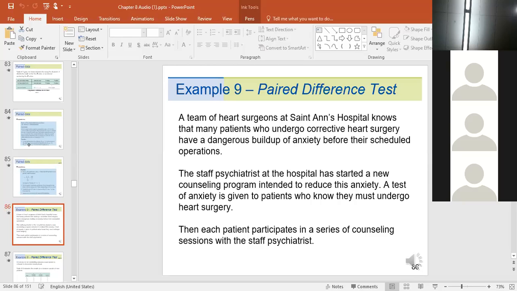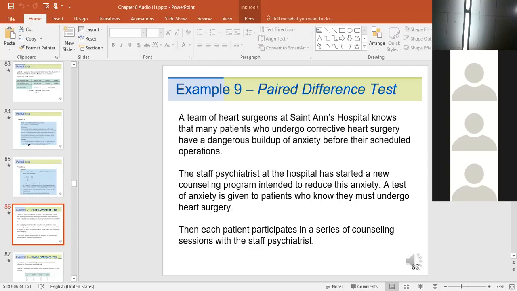A team of heart surgeons at St. Anne's Hospital knows that many patients who undergo corrective heart surgery have a dangerous buildup of anxiety before their scheduled operations. The staff psychiatrist at that hospital has started a new counseling program intended to reduce the anxiety. A test of anxiety is given to patients who know they must undergo heart surgery. Then each patient participates in a series of counseling with the staff psychiatrist.